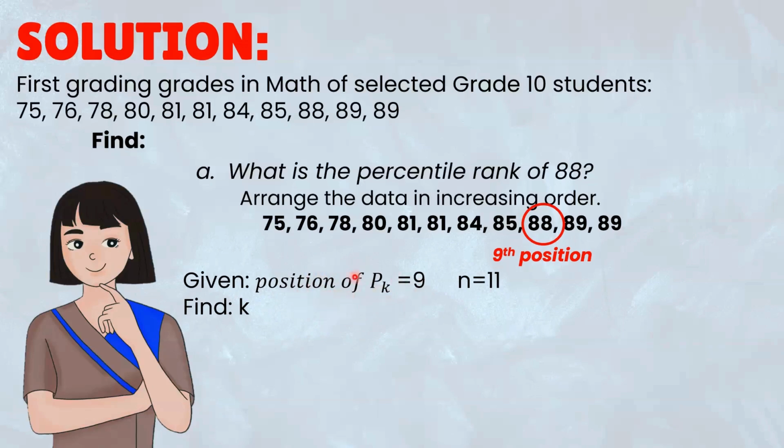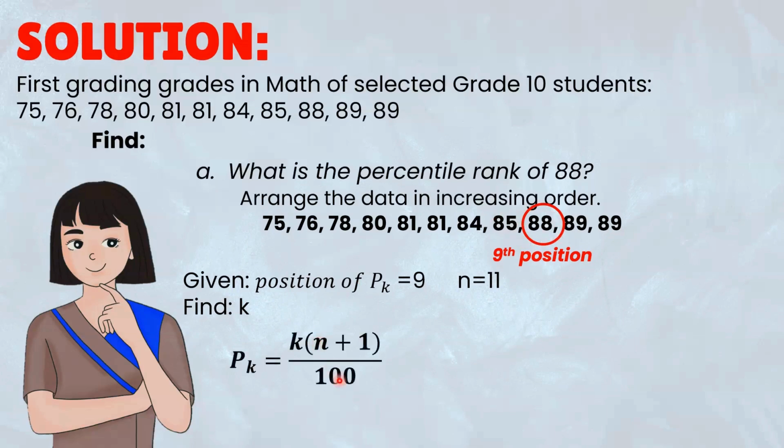And we are going to look for the percentile rank of a given score. So the position of our percentile is at the 9th position, and our n is equal to 11 because there are 11 values in our data set. We are looking for the percentile rank of our 88 value.